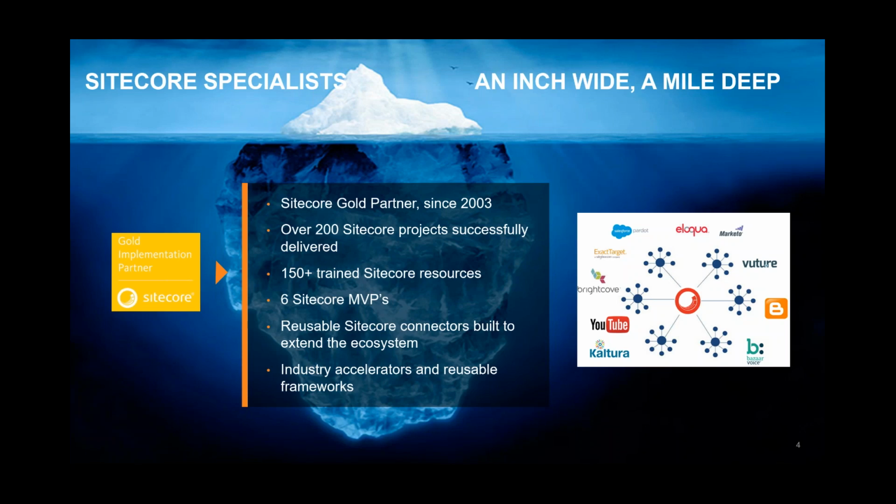I'm a VP of Digital Strategy. Our CEO himself is a Sitecore ambassador and was last year a strategy MVP, and we have 4 technical MVPs across the board. We really have spent so much time with Sitecore that we build out a whole lot of connectors in order to extend the ecosystem.